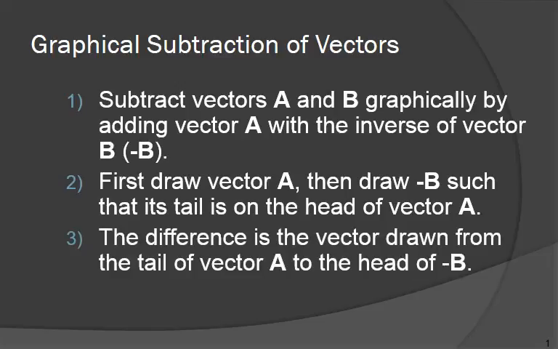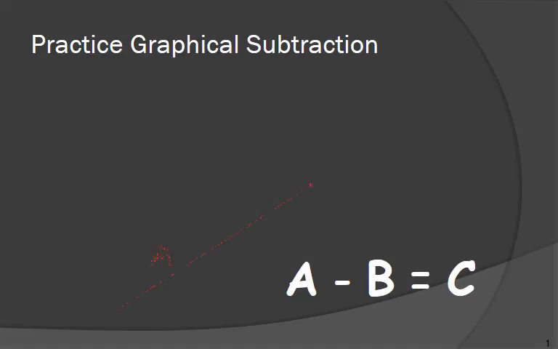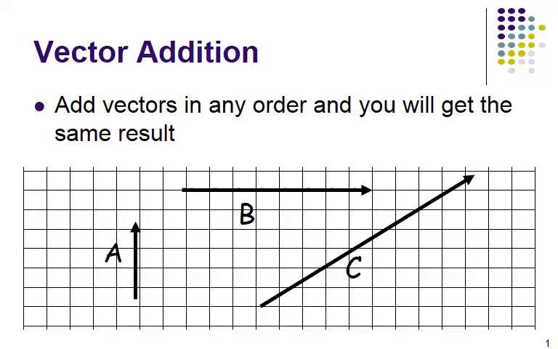So, let's say we have vector A minus vector B to get vector C, vector B being this, we're going to invert it, and then we draw the resultant like this.